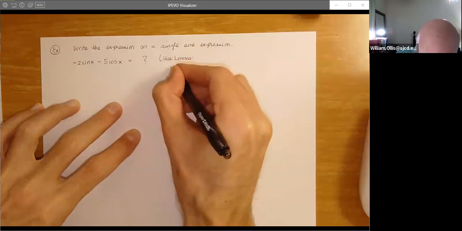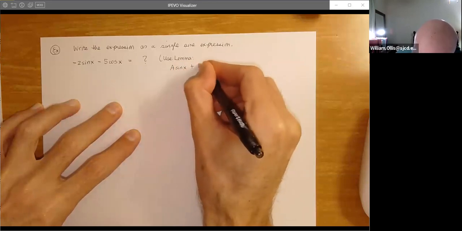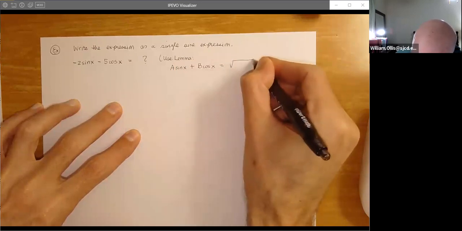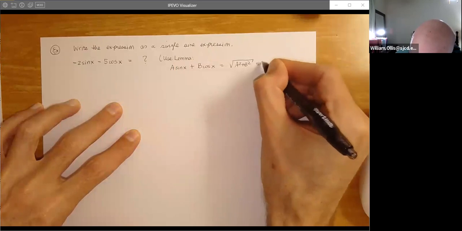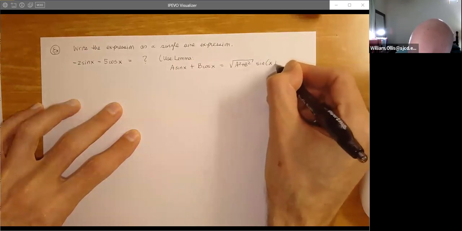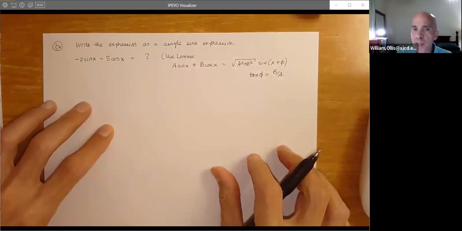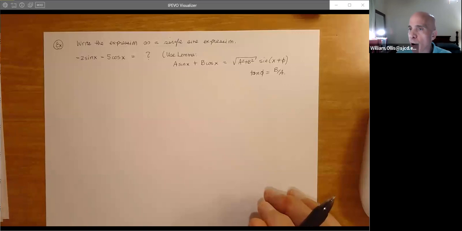Just to remind you, A sine x plus B cosine x will be the square root of A squared plus B squared times sine of x plus phi, where tangent of phi equals B over A. This is something that you really do need to have on a note card and practice.